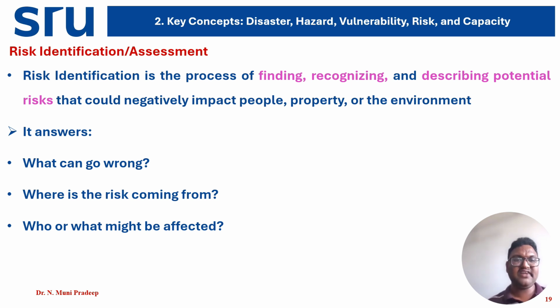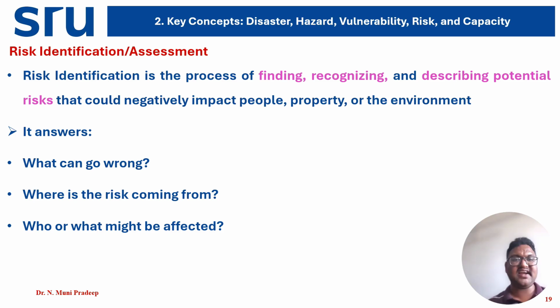Risk identification is done through field surveys, nowadays with the help of satellite images, GIS mapping, historical disaster records and community consultations. So it is a multidisciplinary activity involving geologists, engineers, meteorologists, public health experts and social scientists.